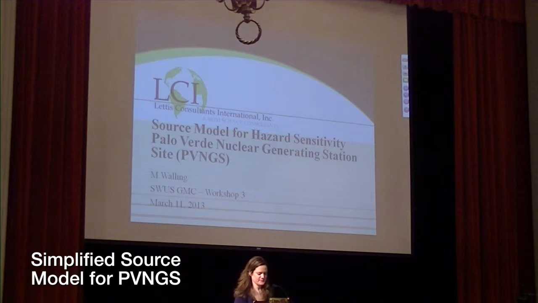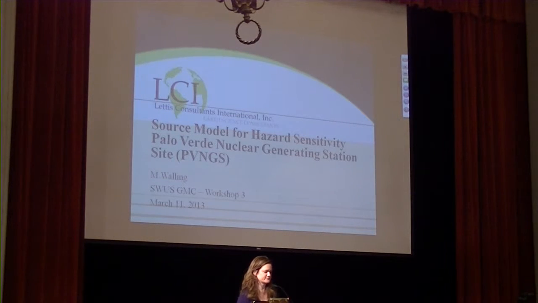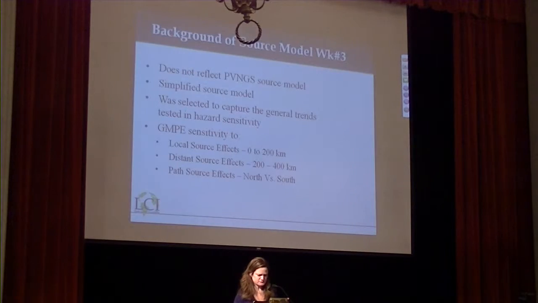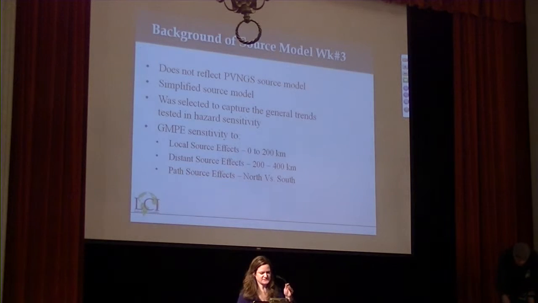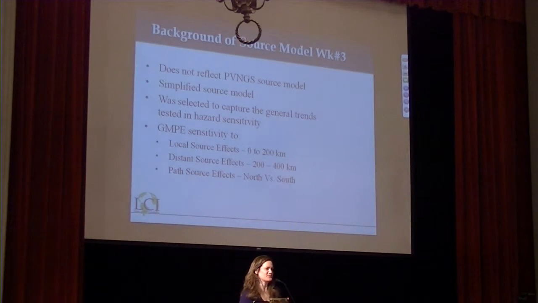I'm going to just show you real quick the source model that we use for the hazard sensitivity, which I'll be showing in two more presentations after Bob's presentation in about 20 minutes. So just a little background on the source model used in the hazard sensitivity for workshop 3: first, for the audience out there, it does not reflect the PVNGS source model.